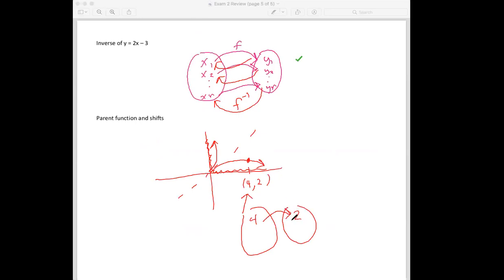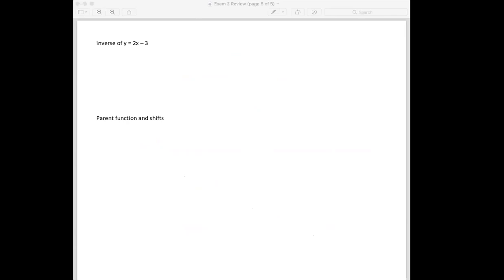Well, then the inverse is going to have coordinates 2, 4, because 2 is going to get mapped to 4, and 2, 4 would be over here, which is a reflection over this line right here. So that's why it's a reflection over the line y equals x, something that we didn't get into, but maybe that makes a little sense now. Their inputs and outputs are swapped. In fact, that's why we switch the x's and the y's to do that.